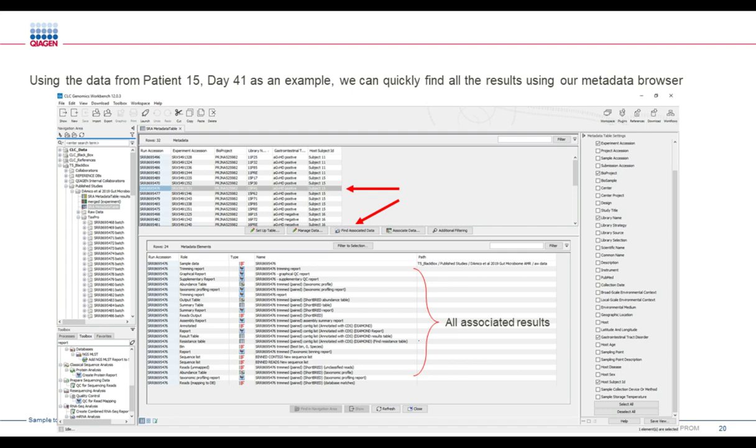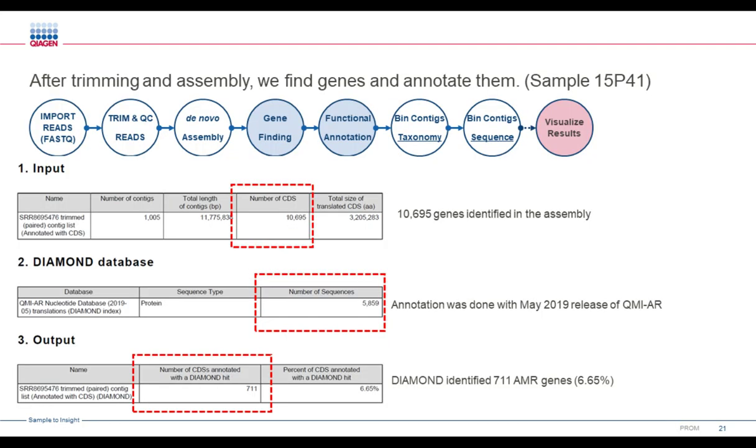So focusing on this individual sample as an example, after we're done with our de novo assembly of that sample, we run our gene finding tool and our functional annotation tool, which includes three different tools. The way that we analyzed the functional annotations of the assemblies for these samples was using Diamond, which is a very fast version of BLAST.